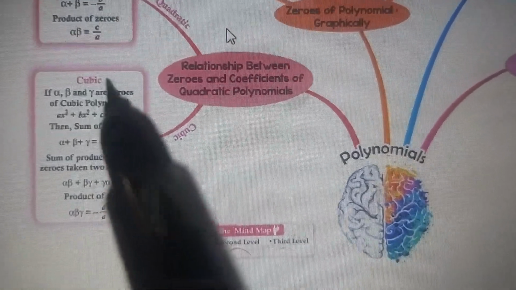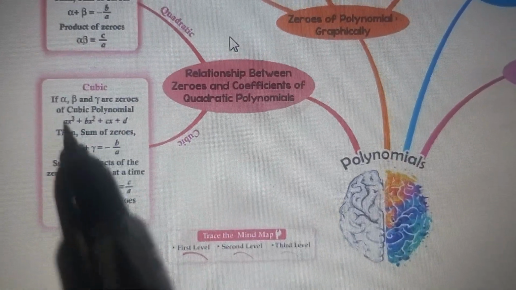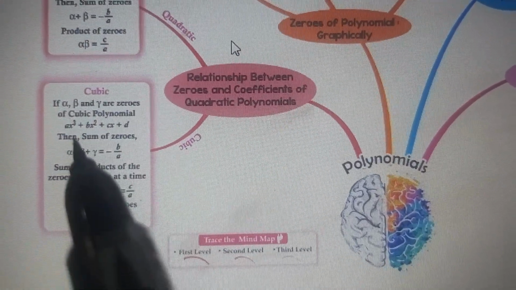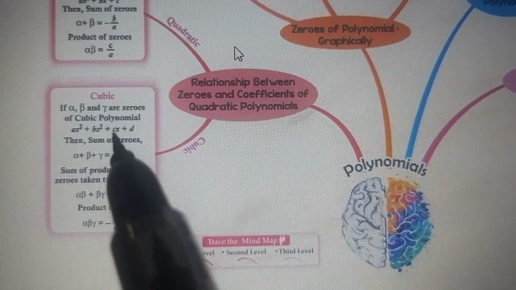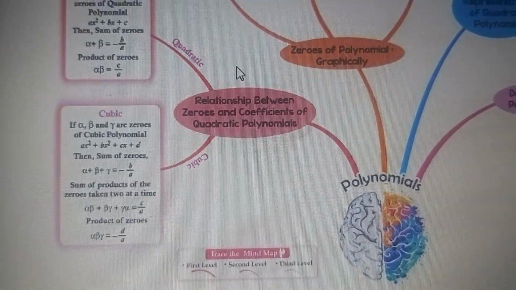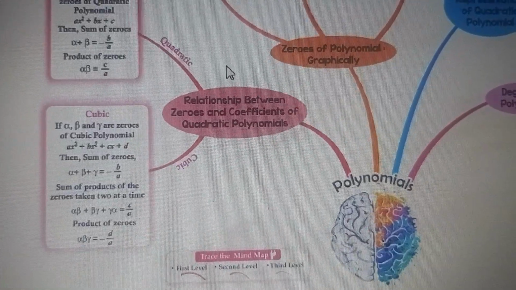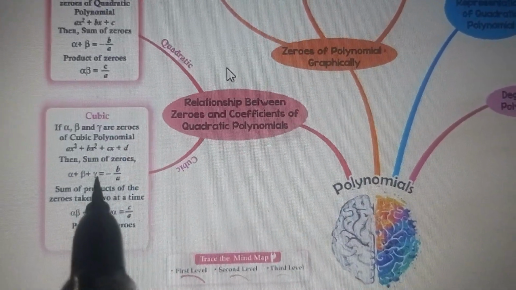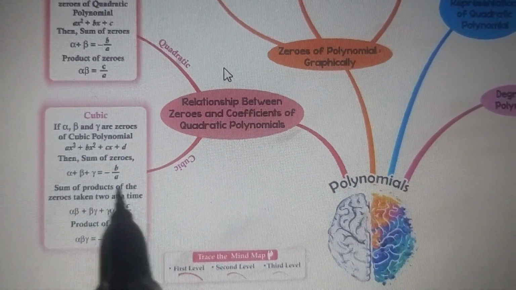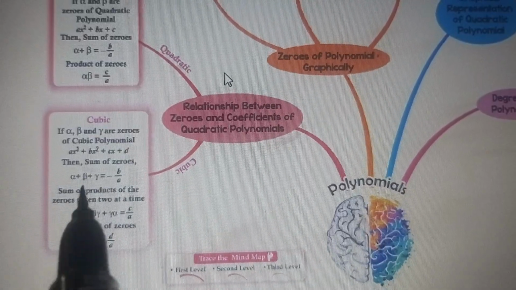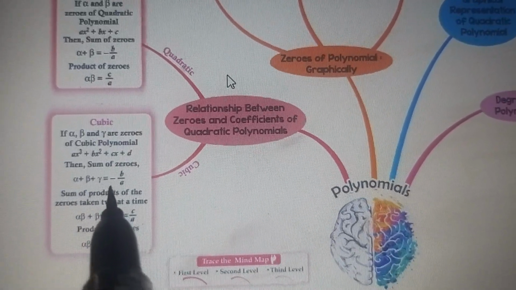And cubic, if the given polynomial is a cubic polynomial, ax cube plus bx square plus cx plus d, and alpha, beta, gamma are zeros, then the sum of zeros is minus b by a only, but here 3 zeros are there, alpha beta gamma.